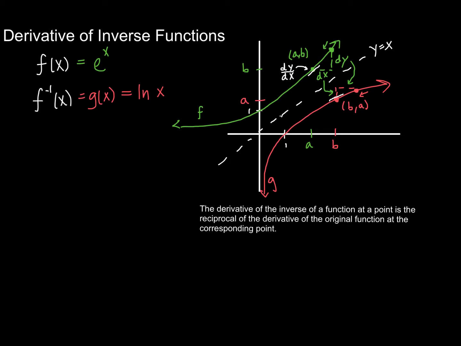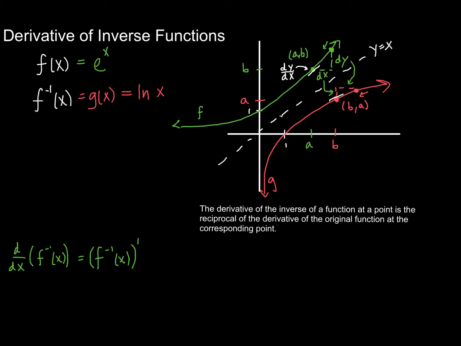So what I'm going to be doing is taking the derivative, in this case with respect to x, of my inverse function, which I can denote like that, or a little more succinctly. And notice, of course, that this is the symbol that represents the derivative.